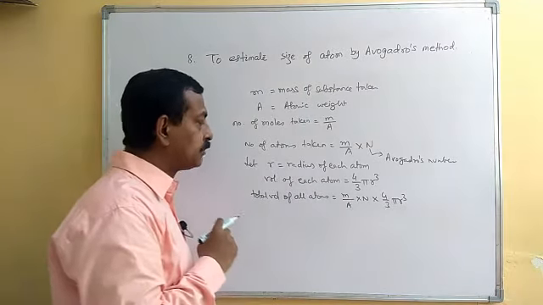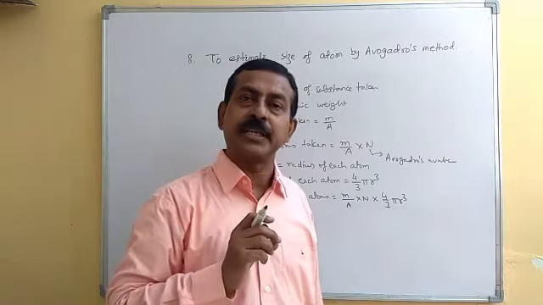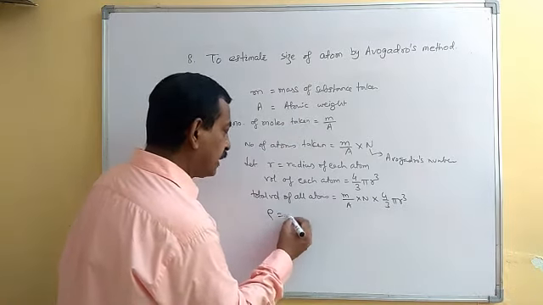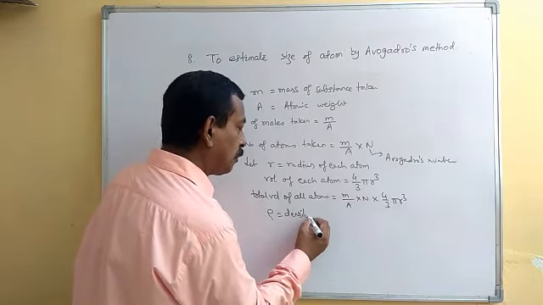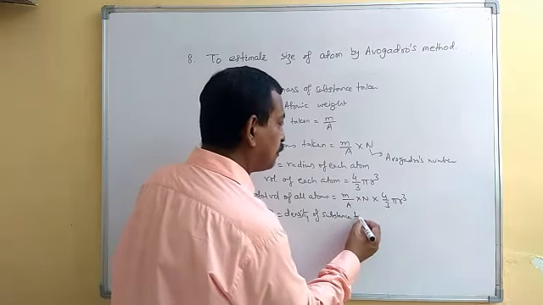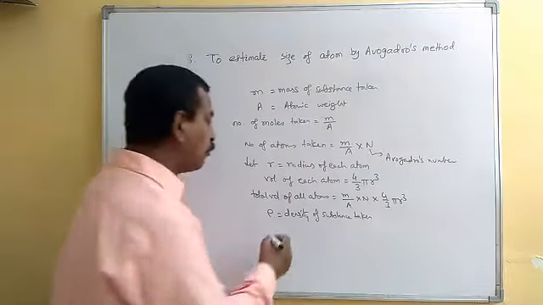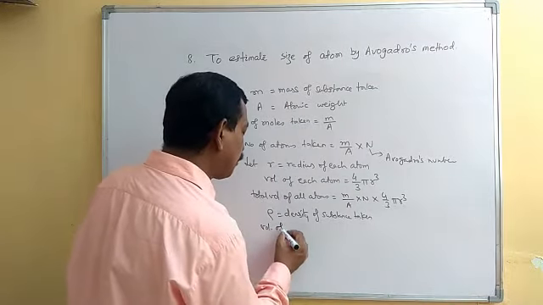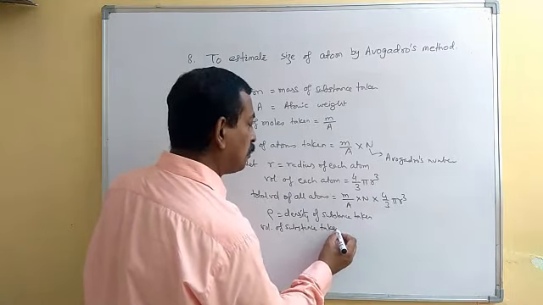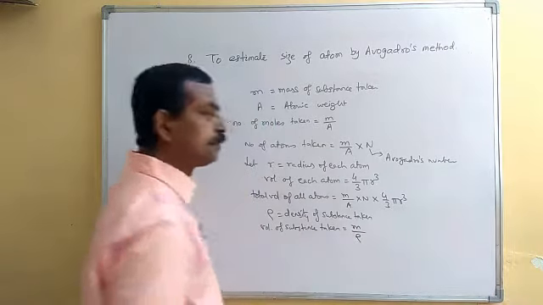And suppose that rho is the density of the substance taken. If rho is the density of the substance taken, then the volume of the substance taken is equal to m by rho.